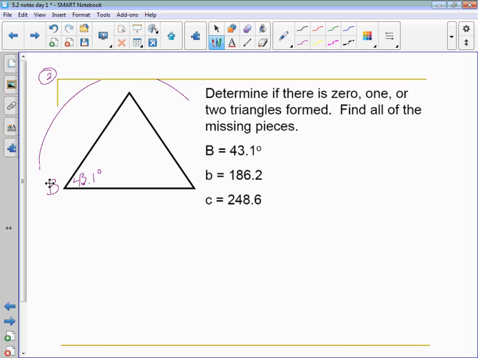Yep, perfect. So this is your 248.6. And this is your... Because remember, if this is angle B, side B's got to be straight.